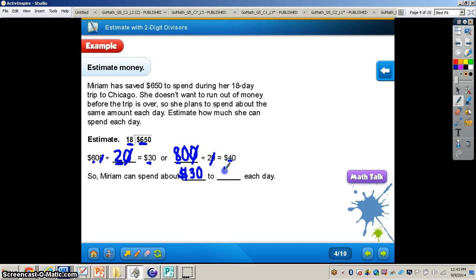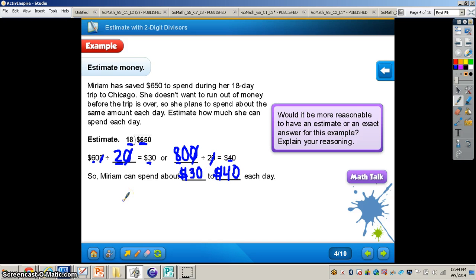Let's write that in right in your book on page 80. Now, thinking about that question, given Miriam's situation, which estimate do you think is the better one for her to use, and explain your reasoning? Miriam should use the estimate of $30.